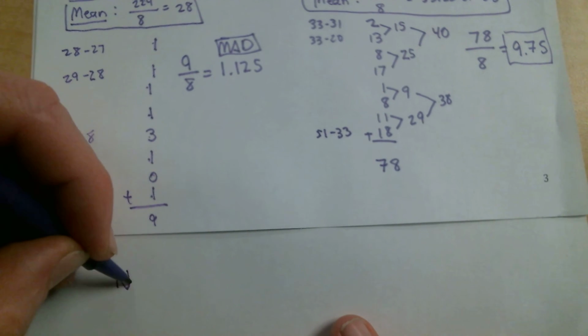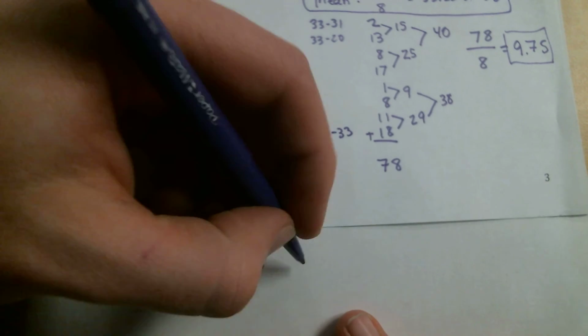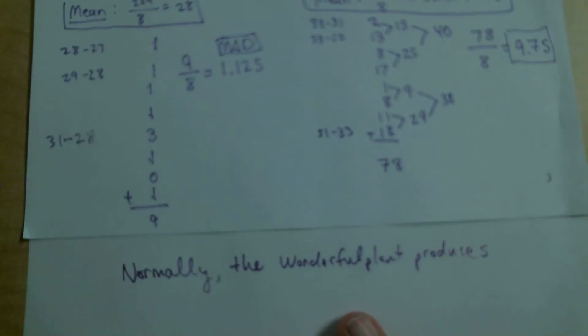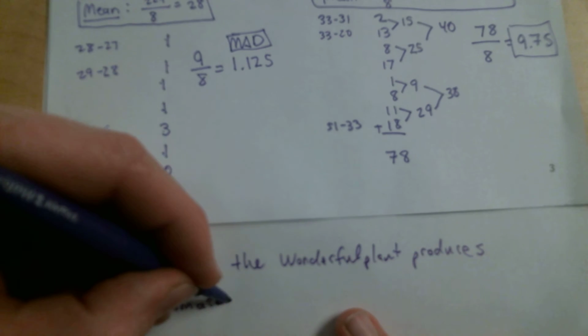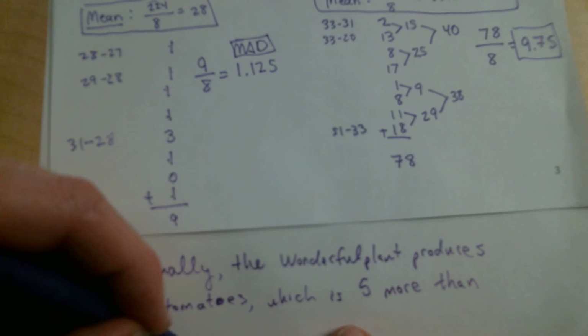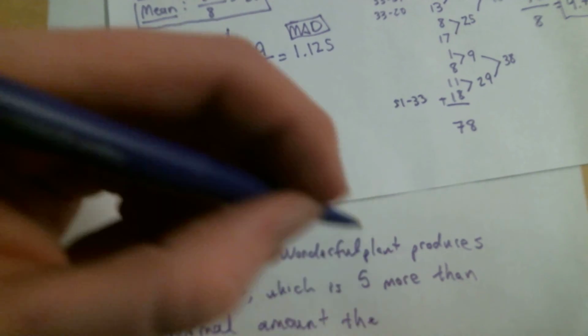So normally, the Wonderful plant produces 33 tomatoes, which is 5 more than the normal amount the Lovum produces.